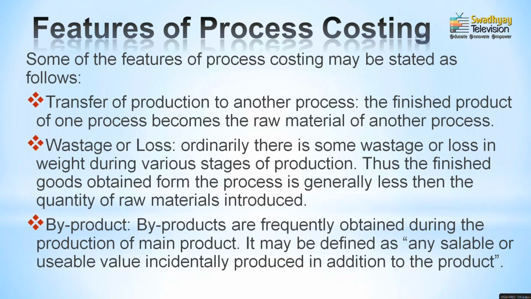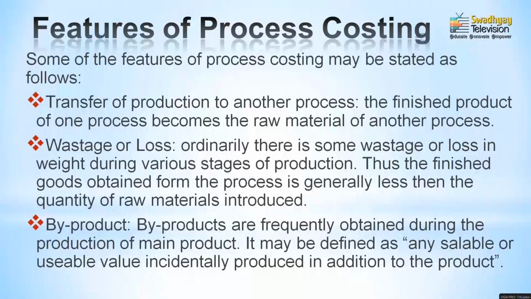So, we need to identify the normal loss and abnormal wastages by comparison of the inputs and output of the respective process, and in this way the finished goods have to be identified at the end of all the processes. Generally we need to calculate the abnormal gain and abnormal wastages on the basis of whatever amount of raw material has been introduced in the respective process.